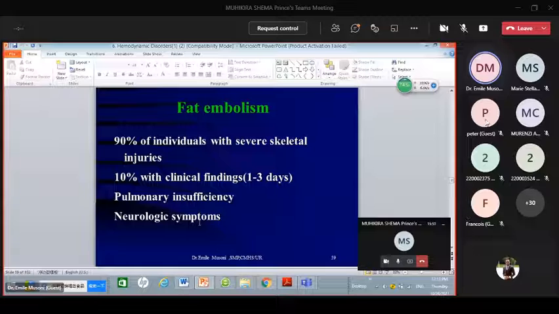This is why when there is a fracture in older people, you give anticoagulant medicine. The main causes here will be pulmonary insufficiency and neurological symptoms.